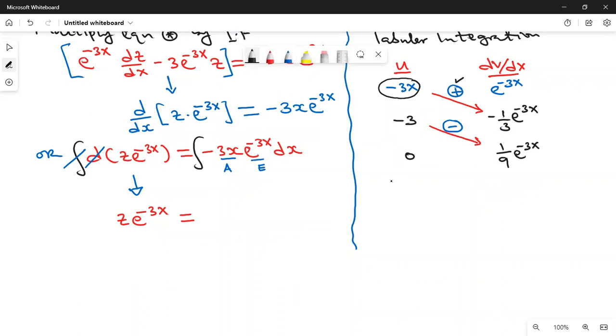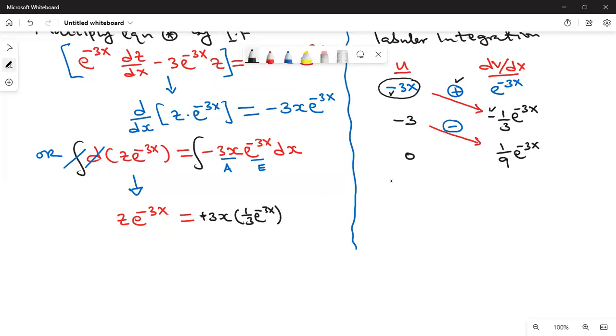Positive, this negative here times another negative here, that's another positive. So positive times negative will give you a positive. So that is positive 3x times 1 over 3 exponential negative 3x.